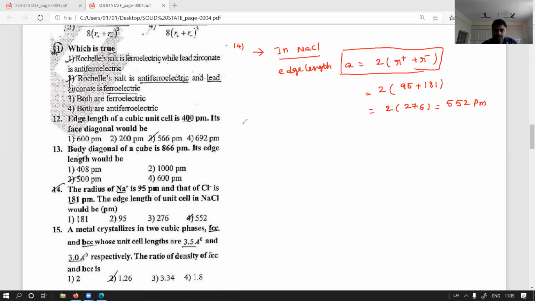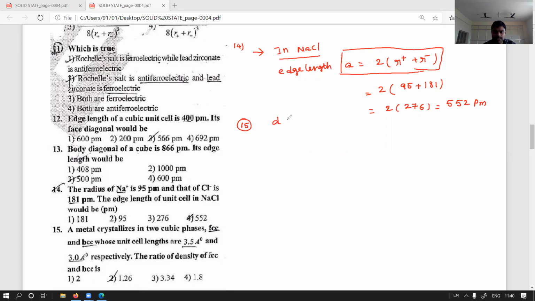Next, the 15th question. Let's see the 15th question. A metal crystallizes in two cubic phases, FCC and BCC. The unit cell lengths are 3.5 and 3.0 angstrom respectively. The density ratio of FCC and BCC is asked.